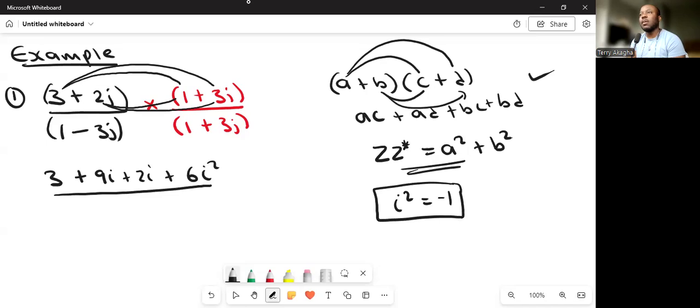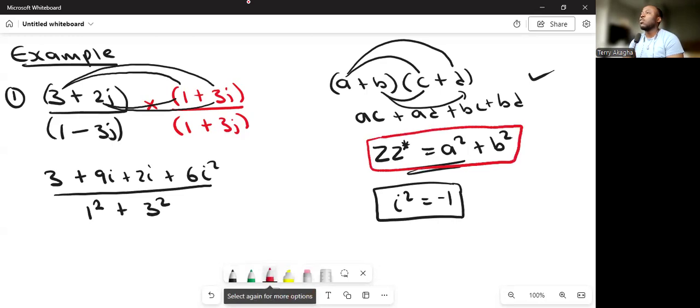Now, as you can see, these are 2 conjugates we're multiplying. So it's going to be the same thing as saying 1 squared plus 3 squared. Are you seeing it? So remember, I told you that when you multiply 2 conjugates, in the previous video, it is equal to a squared plus b squared. All right.